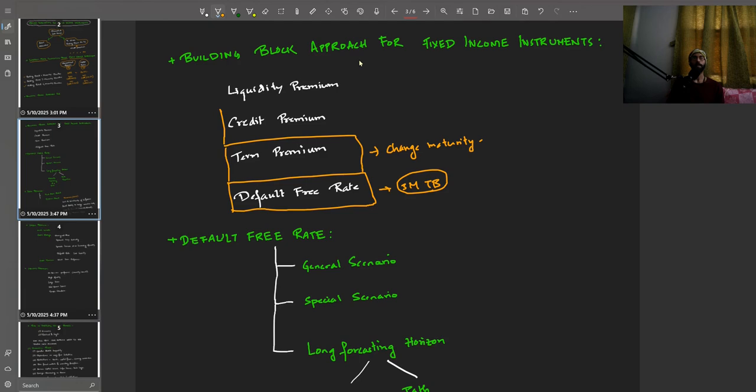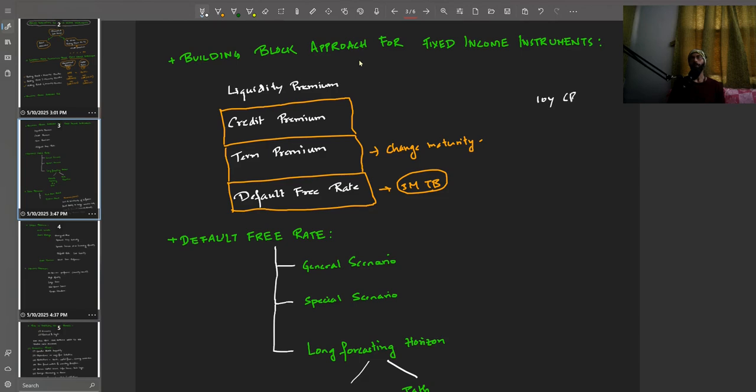The third block is the credit premium. Here we are talking about the credit quality and the credit spread and similar things. So let's say you have a 10-year corporate bond that you want to invest in and you are trying to compare it with a government bond. Now what will you do? You will compare it with a government bond of 10 years, let's say. So let me show it here.